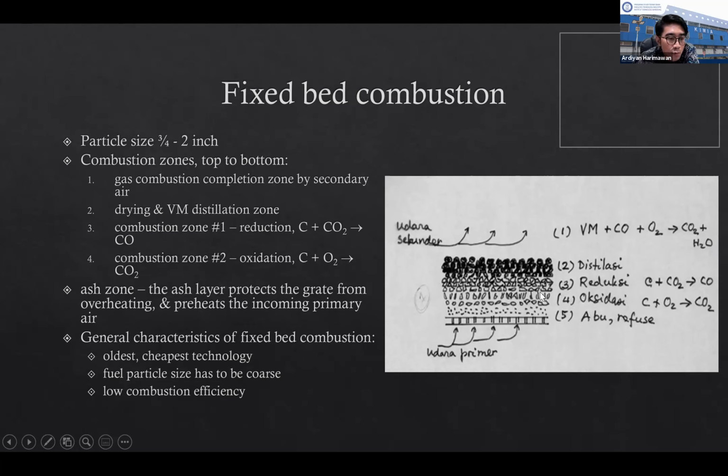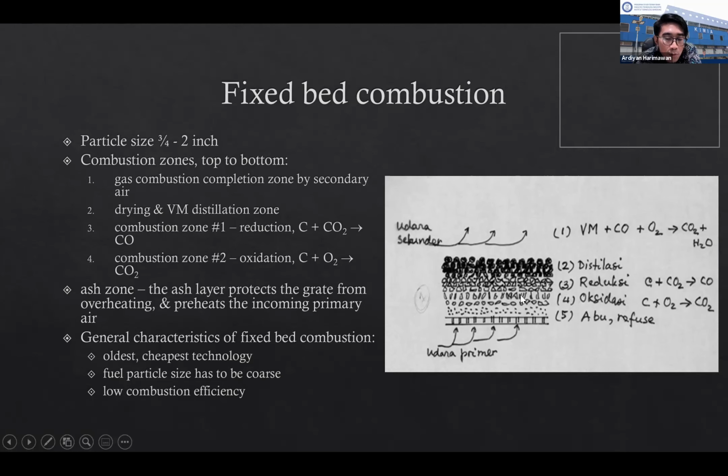Okay, the second one is the drying, or we call it the distillation. Correct me if I'm wrong, Pak Hendra: if you burn the coal, in the coal it's not only carbon, right? You have carbon, you have other compounds, including the volatile matter.